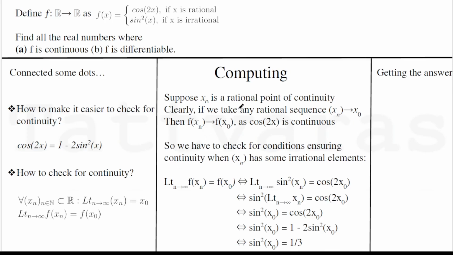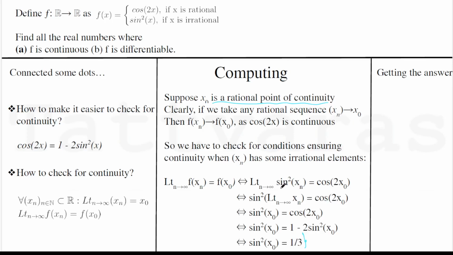Now note that we started with this, that suppose x naught is a rational point of continuity. This does not guarantee us whether x naught is going to be a rational point or irrational. But even if x naught is irrational, similar maths would yield the same result.